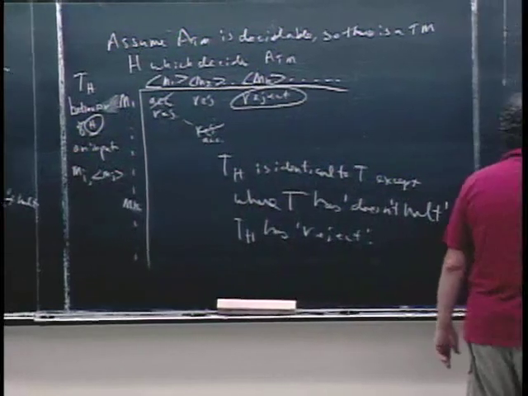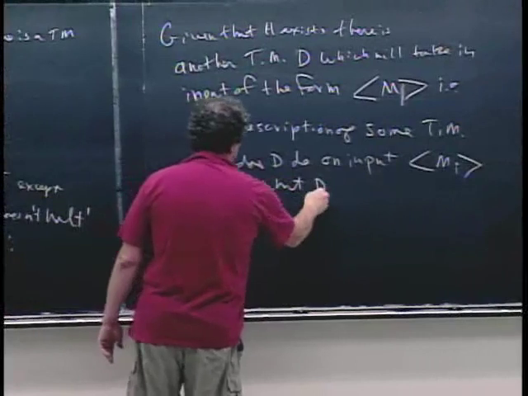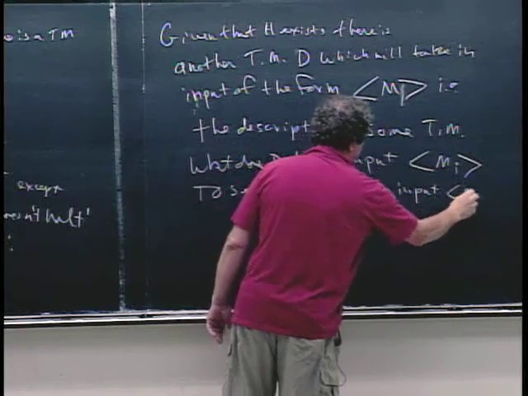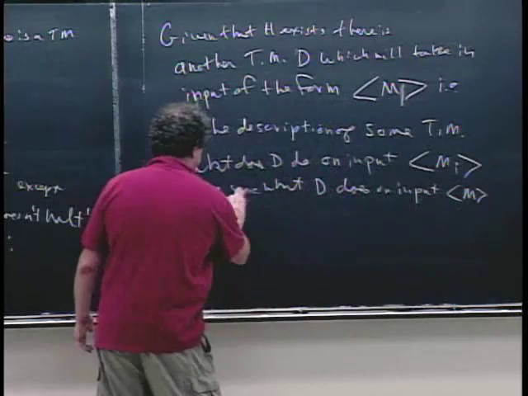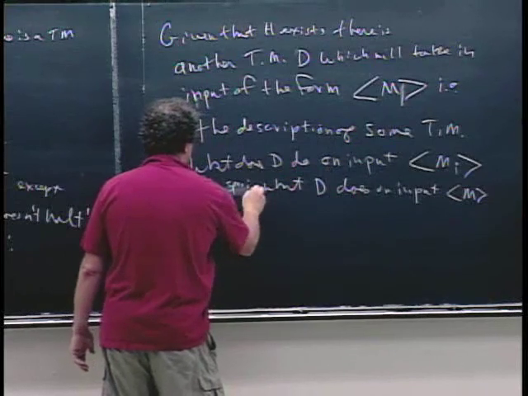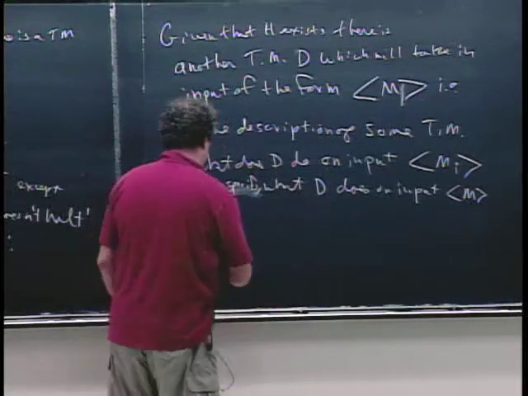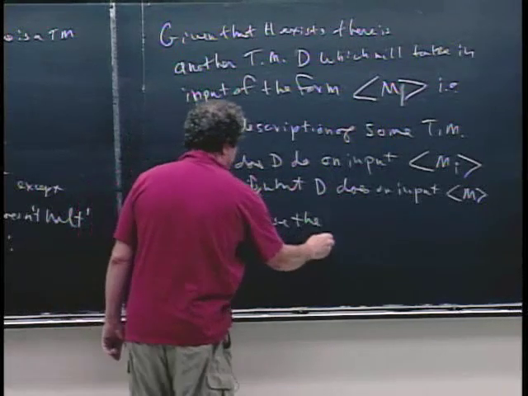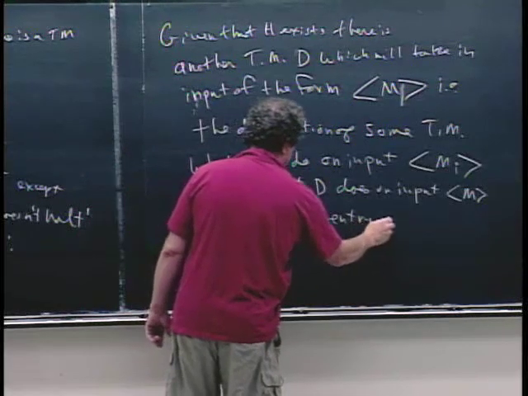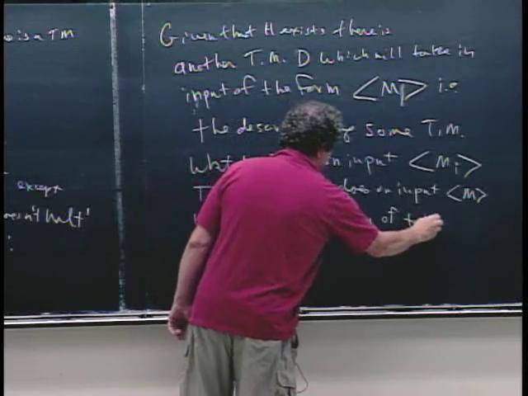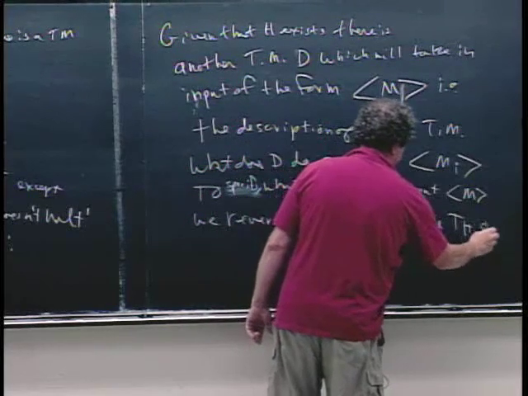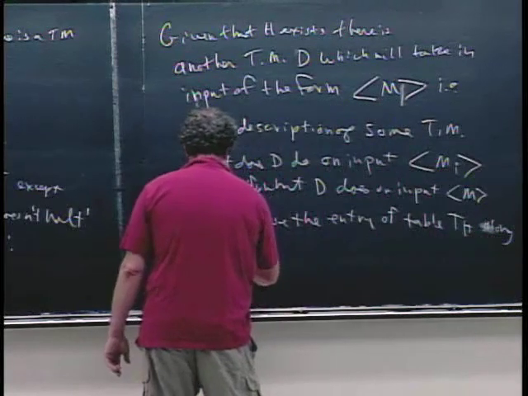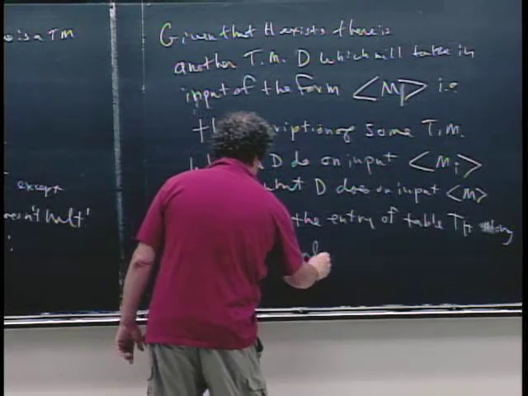So to see what D does on input of that form, or to specify what D does on the input of that form, we reverse the entry of table T_H along the diagonal of that table.